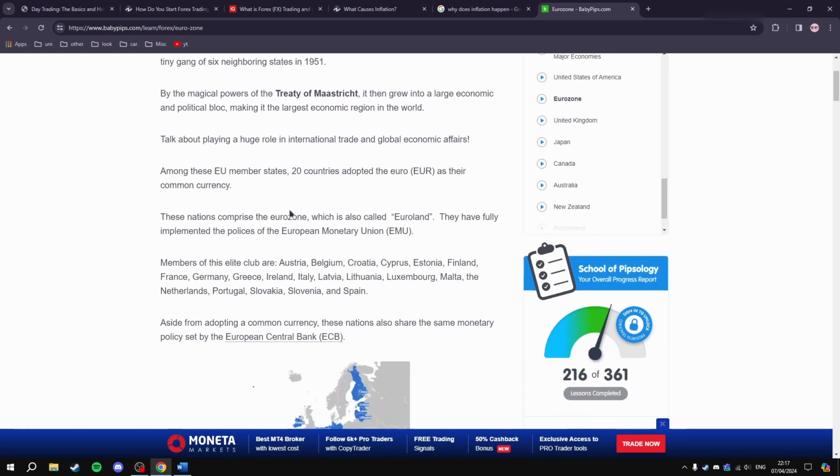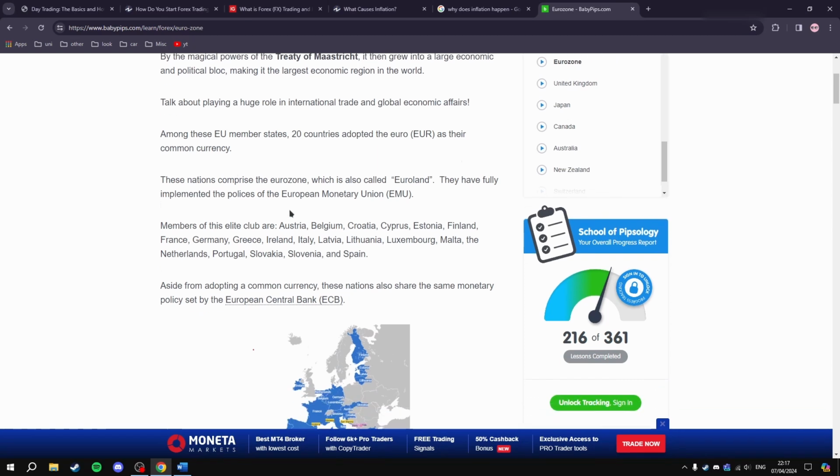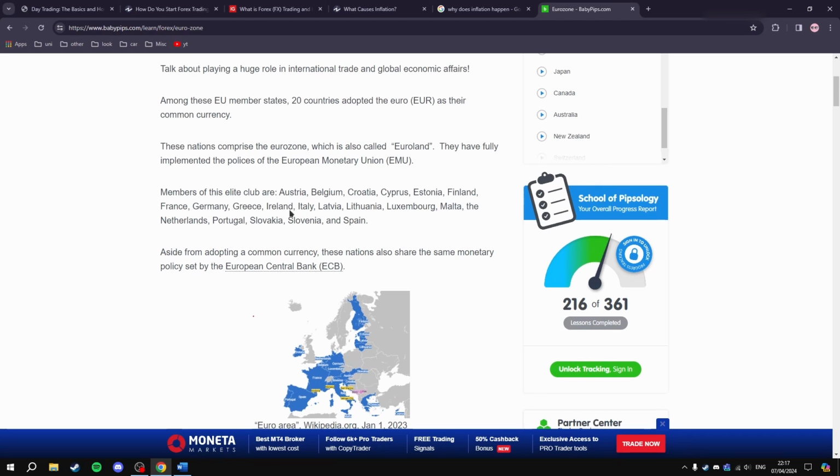Among these EU member states, 20 countries adopted the euro as their common currency. These nations comprise the Eurozone, which is also called Euroland. They have fully implemented the policies of the European Monetary Union.